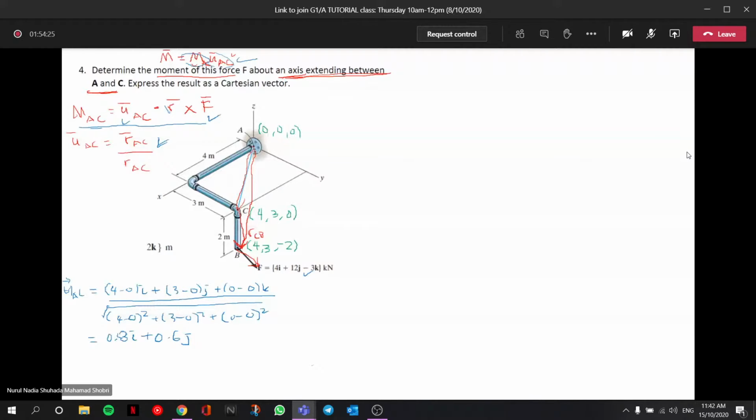You can choose either one to substitute here, because at the end the value of the moment would be the same whether you use RCB or RAB. In this case, I will use RAB.